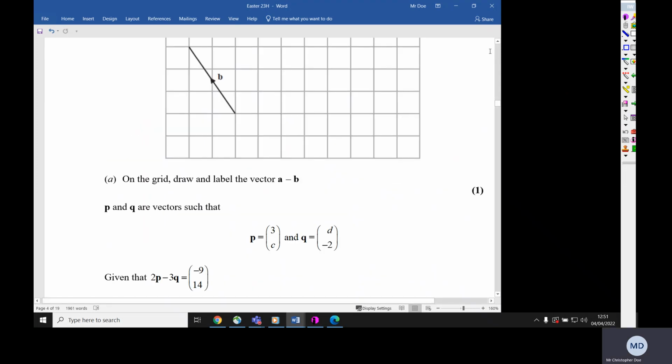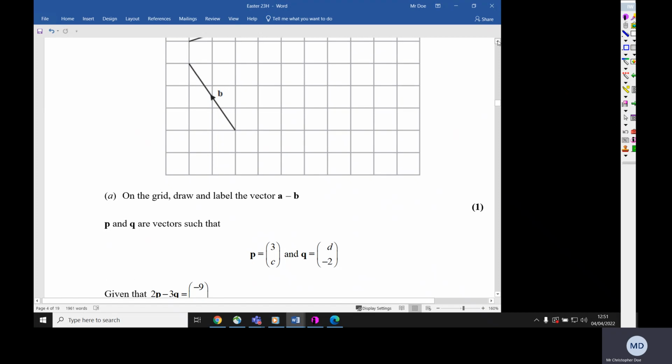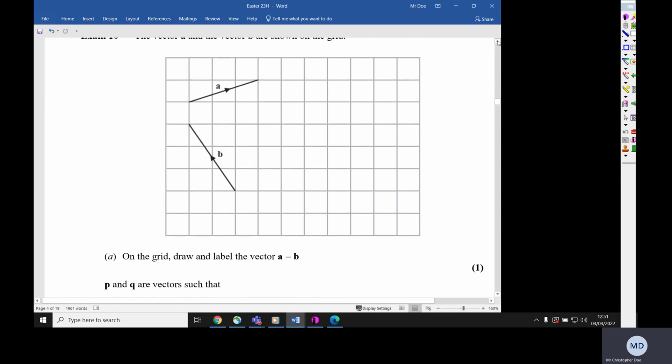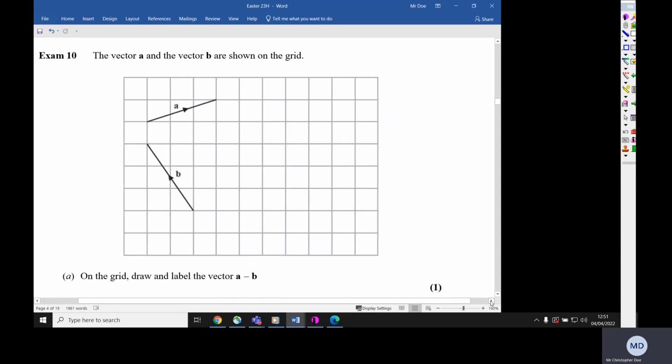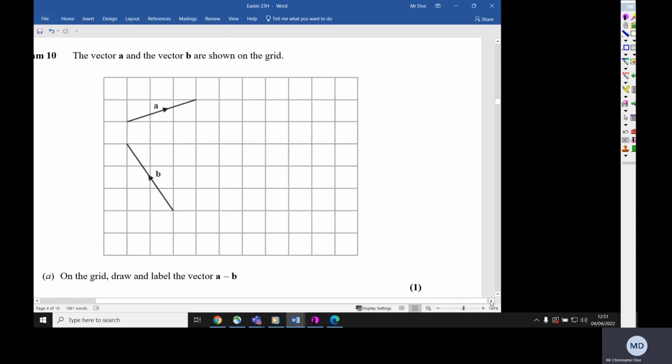There's the exam question. Draw and label A minus B. Right, well, question A is like what we've just done. Can you draw A minus B? Can you draw it? Anywhere, you can draw it anywhere on the grid. What does it mean? A minus B. If I give you a quick recap, what A plus B means, A plus B would be like this.